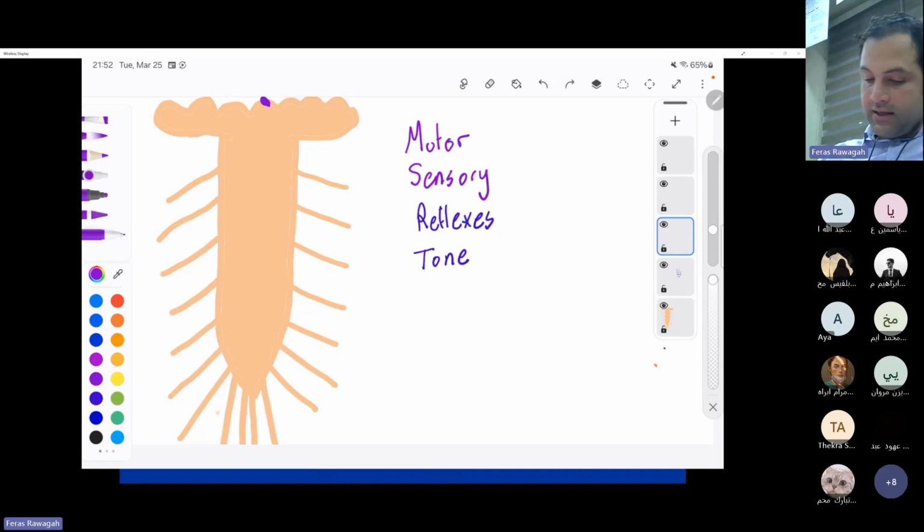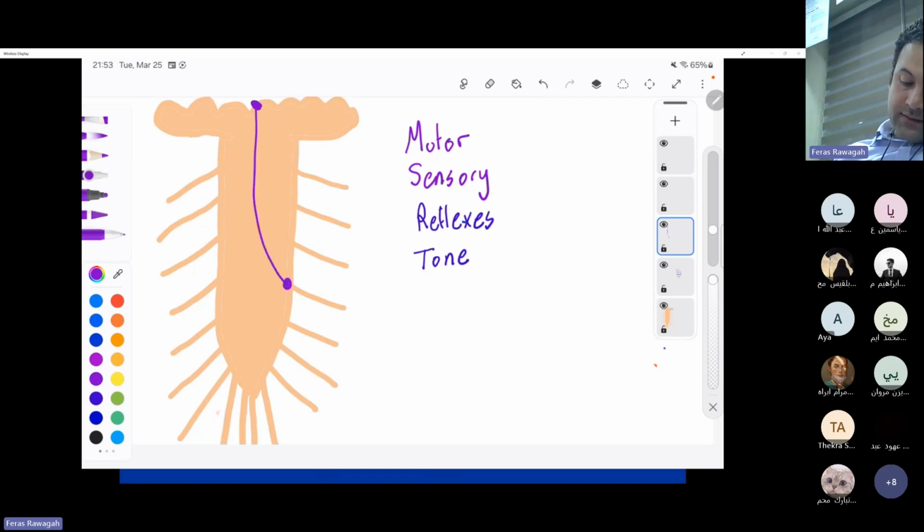So this is the upper motor neuron. Again, upper motor neuron starts in the motor cortex and ends in the anterior horn cell.